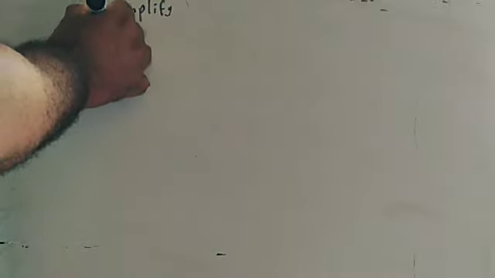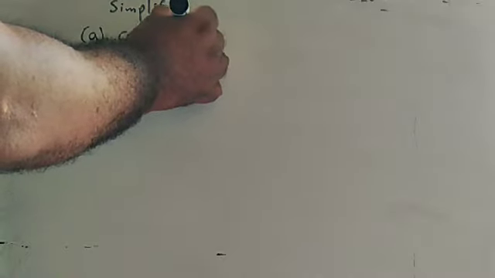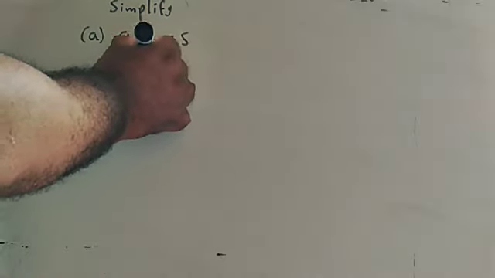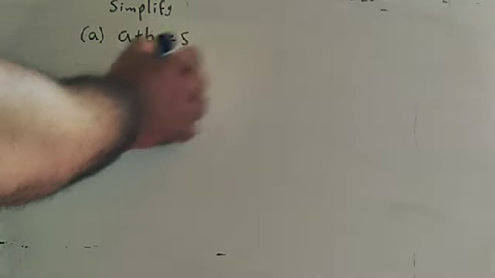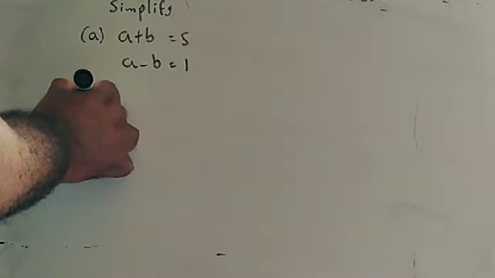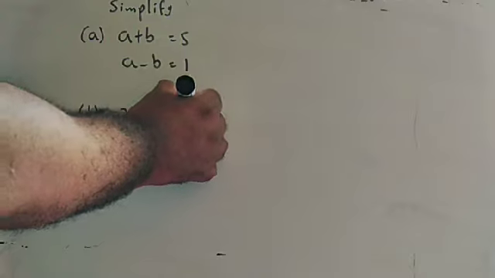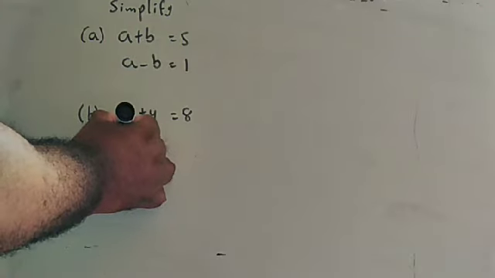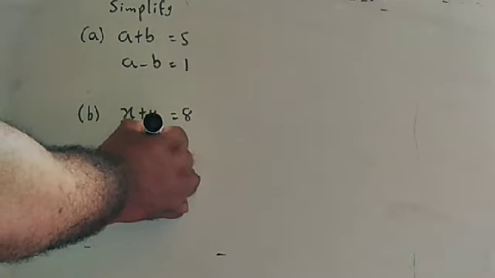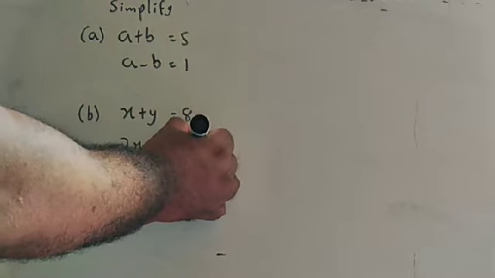The first one: a plus b is equal to 5, a minus b is equal to 1. B: x plus y is equal to 8, 2x plus y is equal to 2.